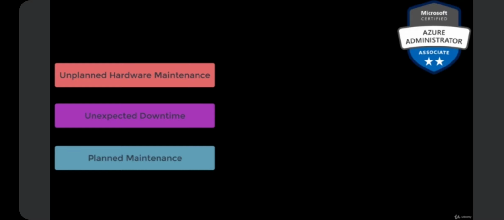An unplanned hardware maintenance event occurs when the Azure platform predicts that the hardware or any platform component associated with a physical machine is about to fail. When the platform predicts a failure, it will issue an unplanned hardware maintenance event.